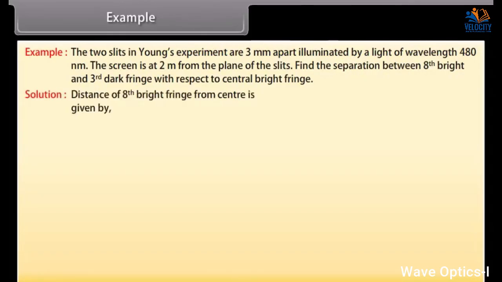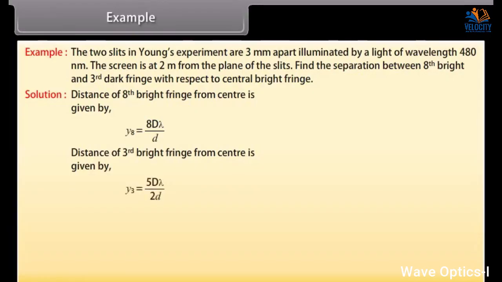Distance of the 8th bright fringe from center is given by 8 capital D lambda upon small d. Distance of the 3rd dark fringe from center is given by 5 capital D lambda upon 2 small d. We have y is equal to y8 minus y3.